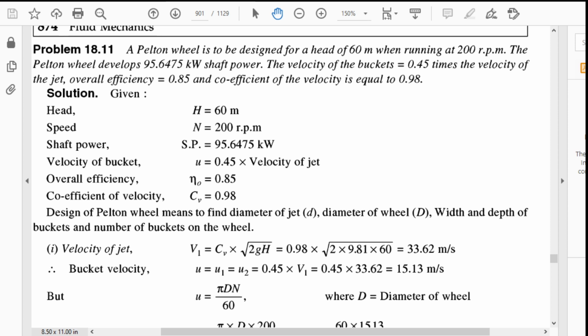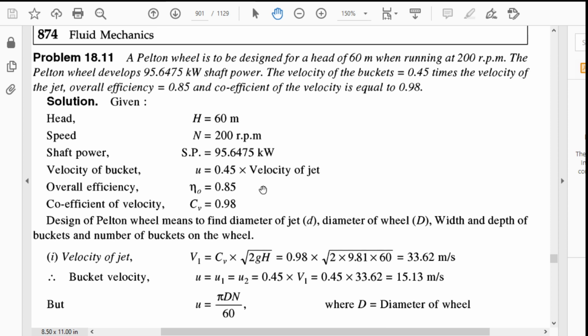So we'll move further to the numerical for design of a Pelton wheel. The first numerical is here. A Pelton wheel is to be designed for a head of 60 meters when running at 200 revolutions per minute. The Pelton wheel develops 95.6475 kilowatt of shaft power.